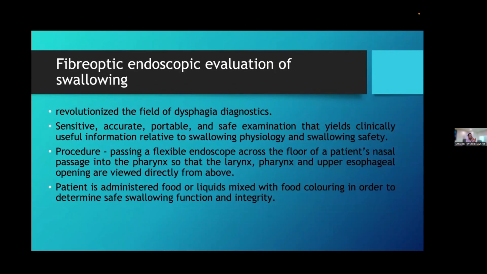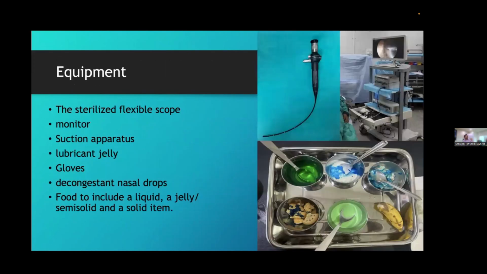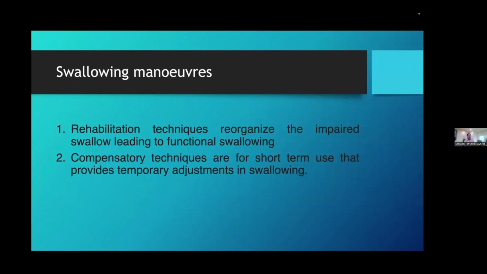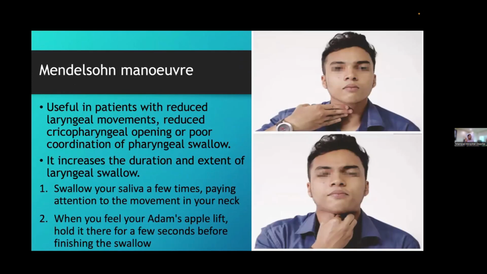So these two things can be done, and you need to see what is the residue after swallowing. If the patient has residue in the vallecula or in the larynx, whether aspiration is present or not, whether there is laryngeal penetration or not, right? So depending on these, we can ask the swallowing therapist to give him some maneuvers to improve the swallowing and prevent aspiration, right? I will not go into the details, but a few of the maneuvers which have been described to manage lower cranial nerve palsy.